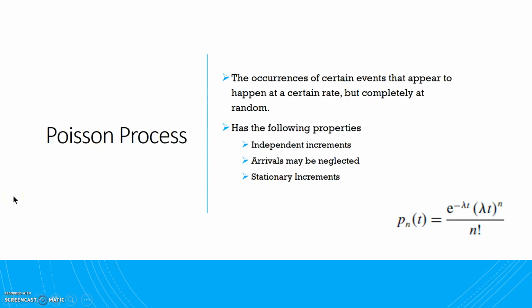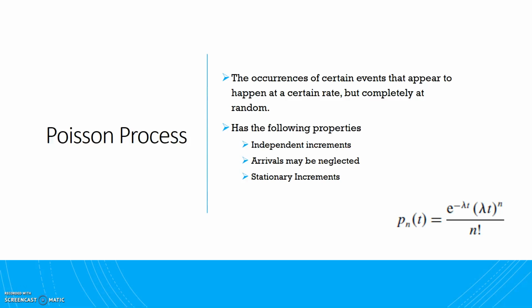Okay, so for the Poisson process. A Poisson process is basically the occurrence of certain events that appear to happen at a certain rate, but completely at random. And they usually have the following properties: they have independent increments, arrival times that happen in a small window may be neglected, and they also tend to have stationary increments.